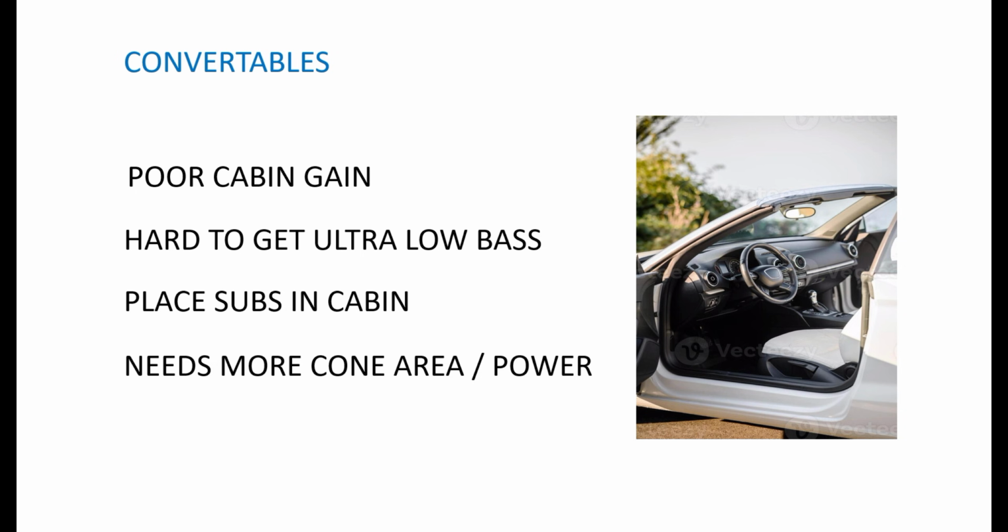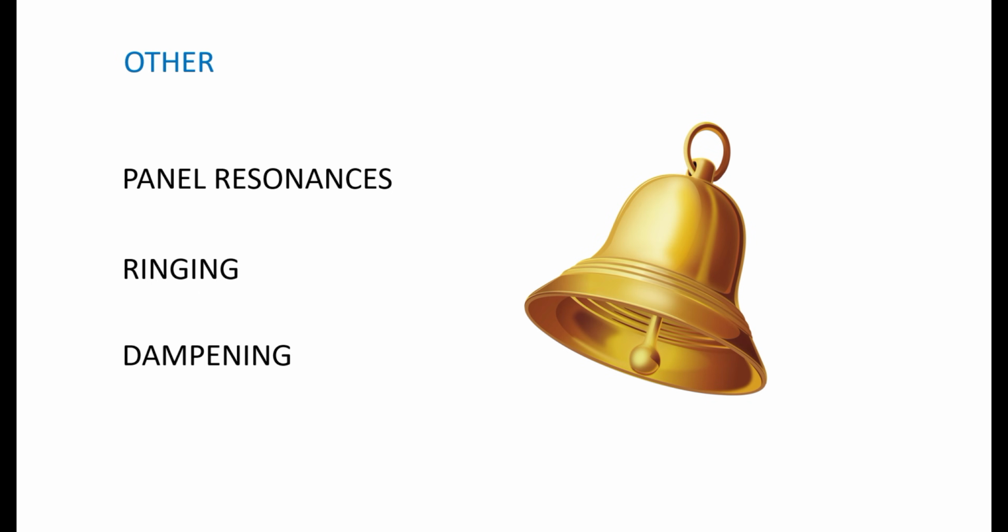All right, let's have a look at some of the other acoustical things that can happen in your car, and these are panel resonance, ringing, and dampening. So panel resonance, well, let's put it this way: all things want to vibrate.